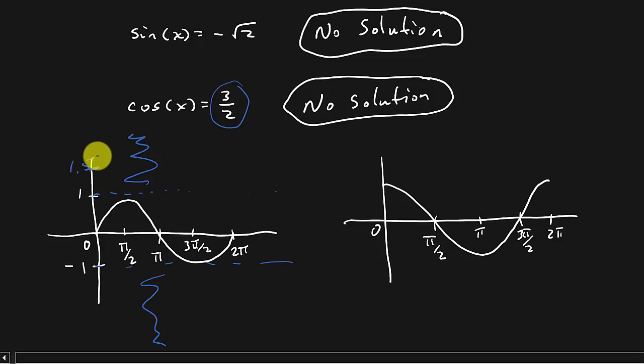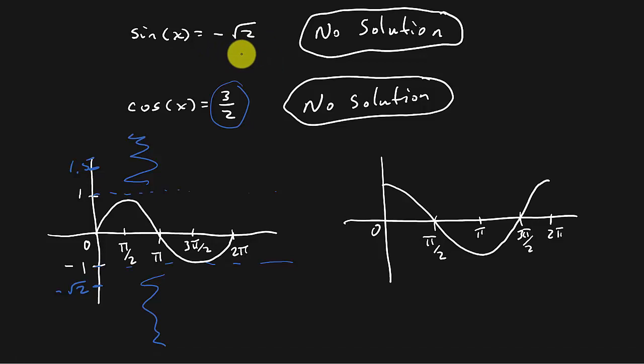That's out of the range. So that's impossible. That can't happen. So it's no solution. And same thing there. Negative square root of 2. Square root of 2 is 1.4 something. That's down here. That's outside the range. That's not possible. And so we get no solution.